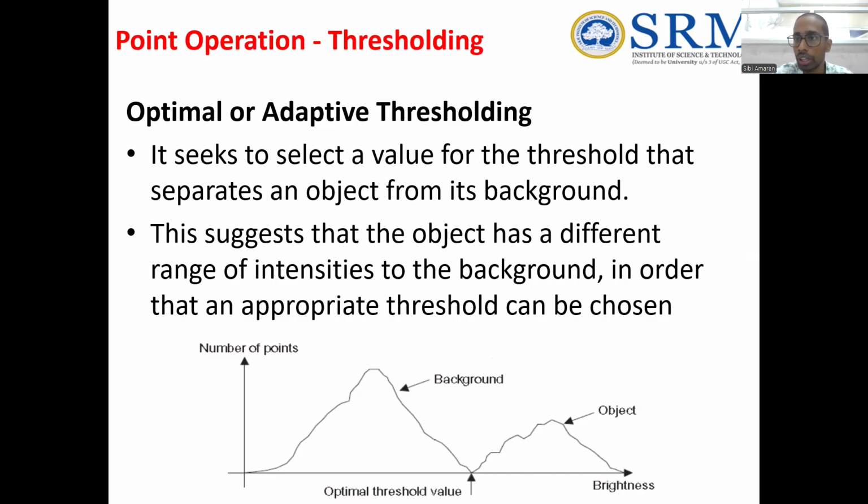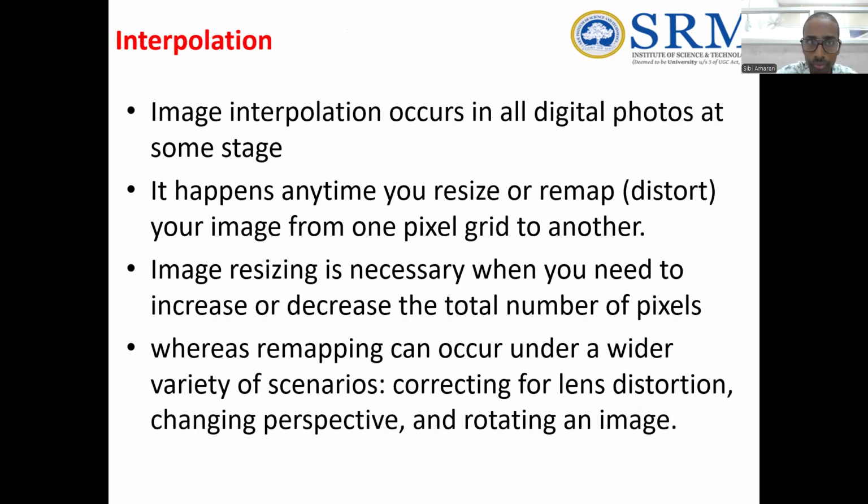If the range of intensity given to the object is more, the graph will go higher for the object and come down for the background. In this given image, the range of intensity is given high for the background, so the background has a higher range of intensity compared to the object. So this is all about thresholding.